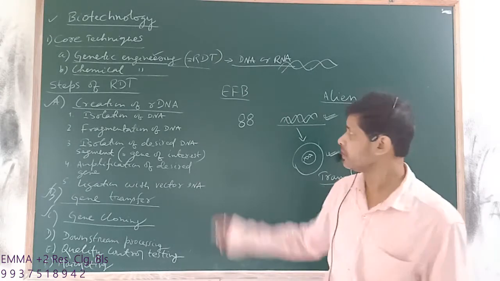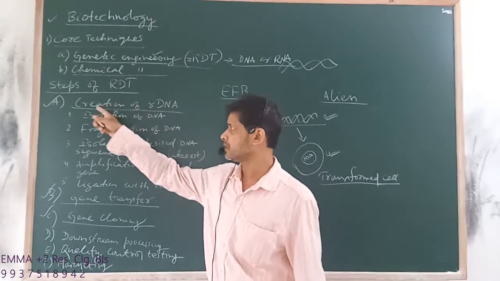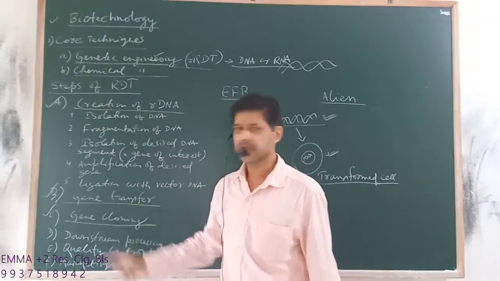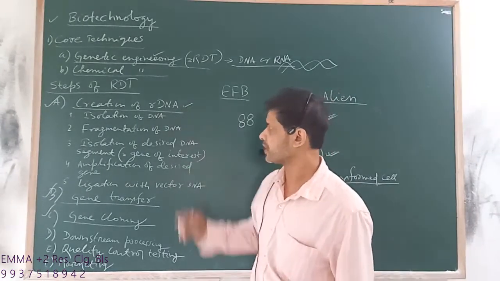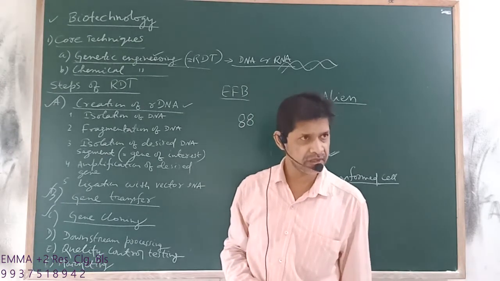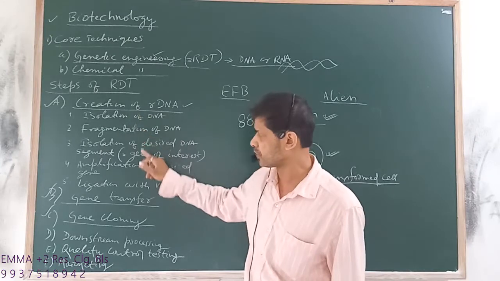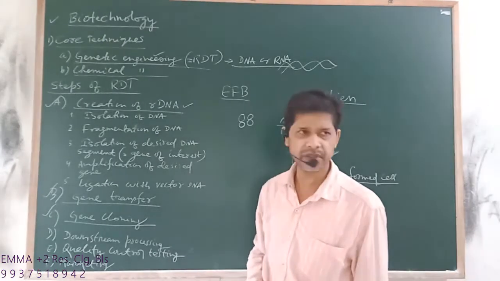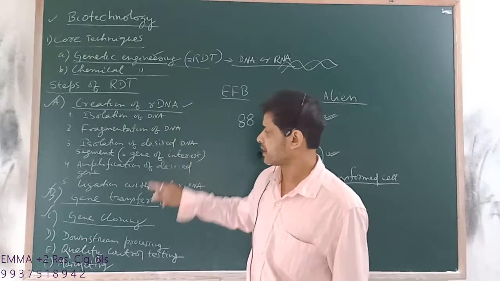Genetic engineering or recombinant DNA technology involves three major events. First, creation of recombinant DNA or construction of recombinant DNA. How can we construct it? These are the sub-steps. Leave it now. Then second, gene transfer.